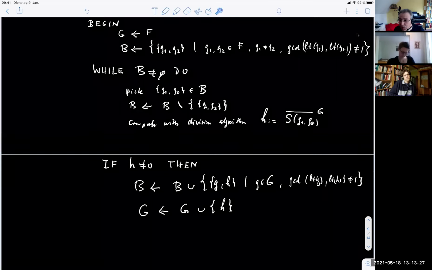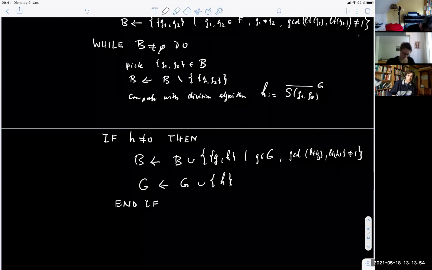So the idea is hopefully clear. H non-zero, I add it to my set G, I update B. Okay, this is the end of if, and this is the end of the while.